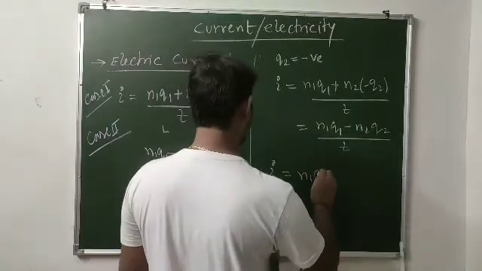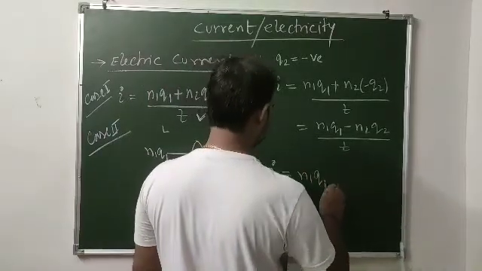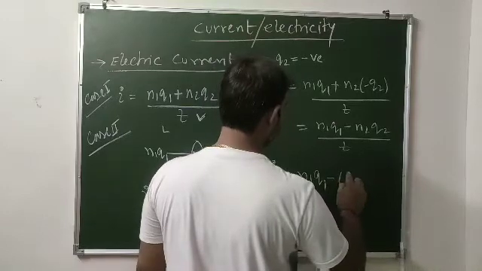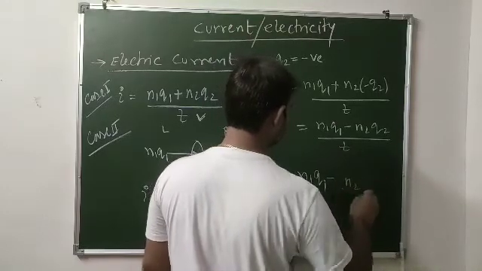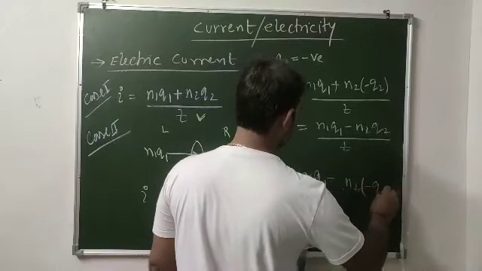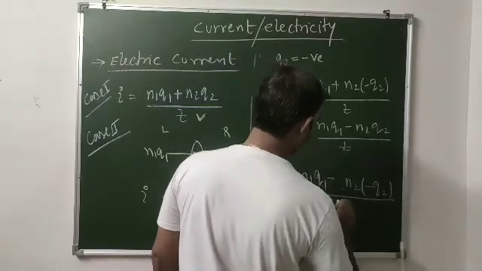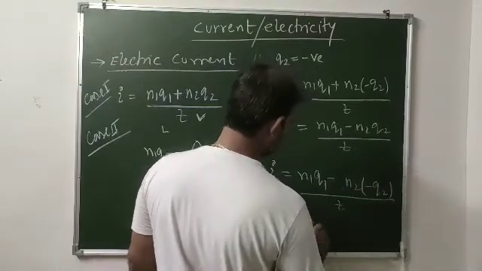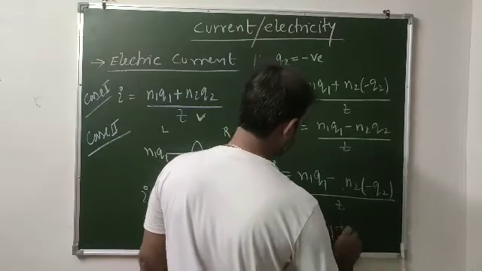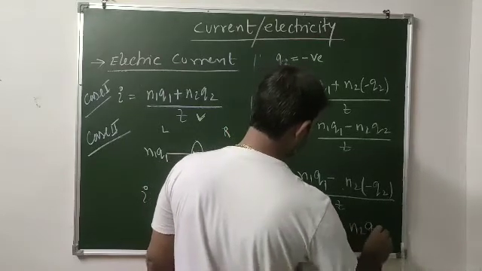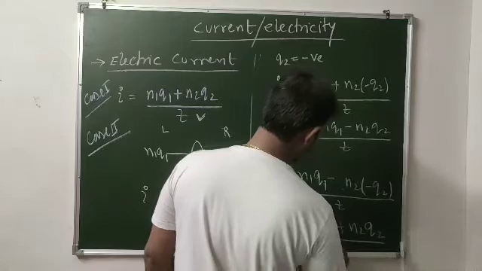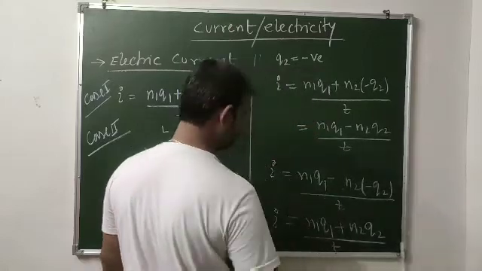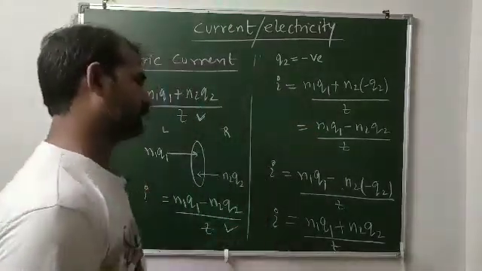So N1 Q1 minus N2 minus Q2 upon t. So here will be plus N1 Q1 plus N2 Q2 upon t. This will be the electric current.